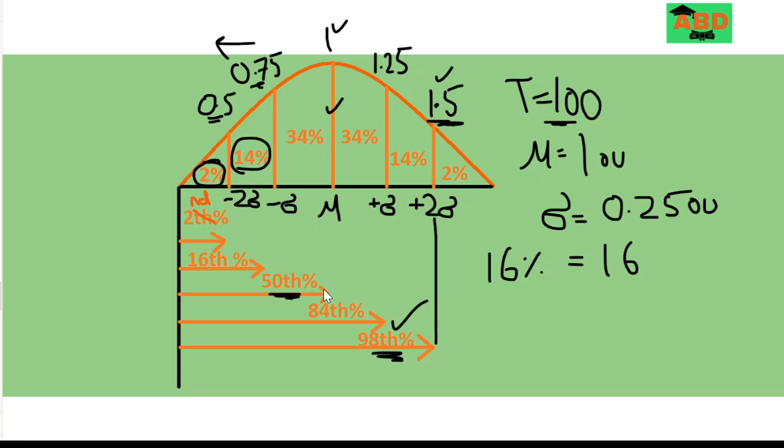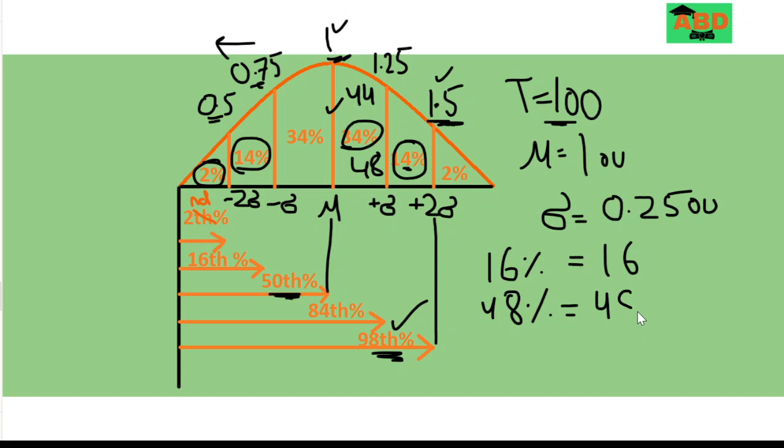And where is the 50th percentile? The 50th percentile is 1. Now all I have to do is combine these two percentages: 34 plus 14 is 48. Take 48% of the 100, and I have 48 candies with weights between the 98th percentile and the 50th percentile.